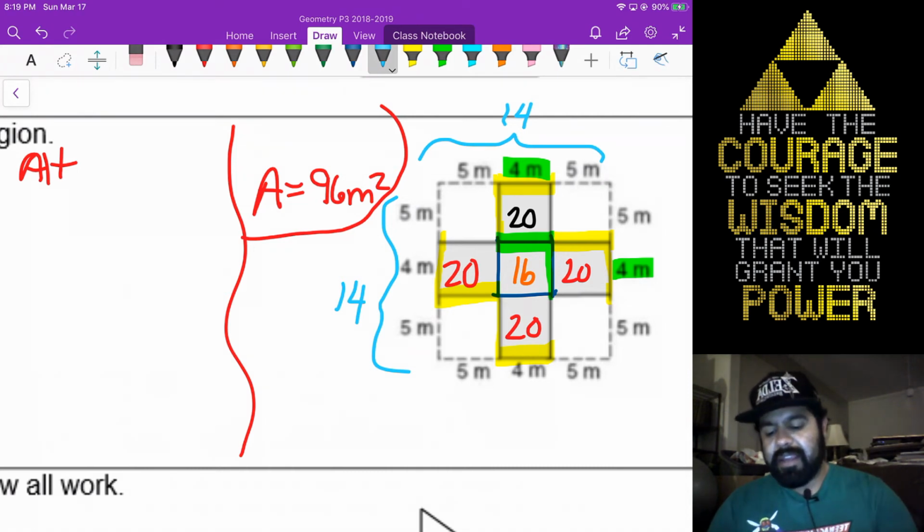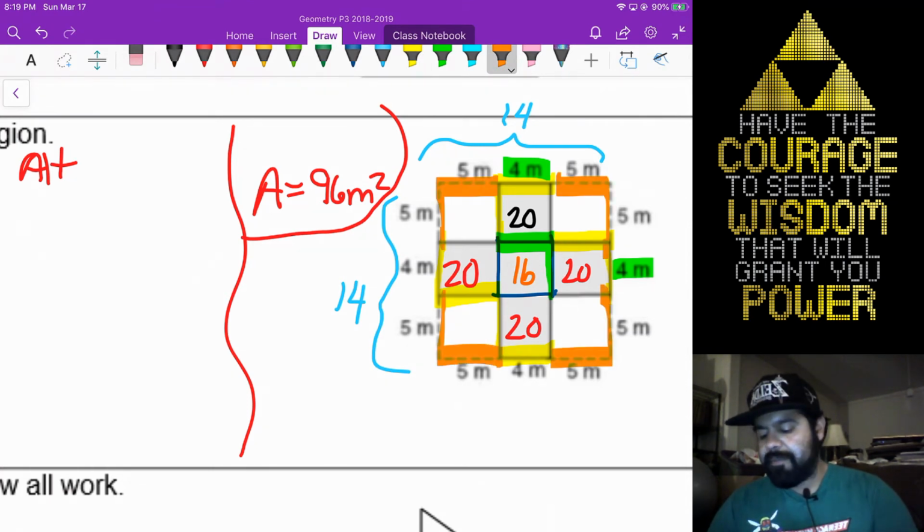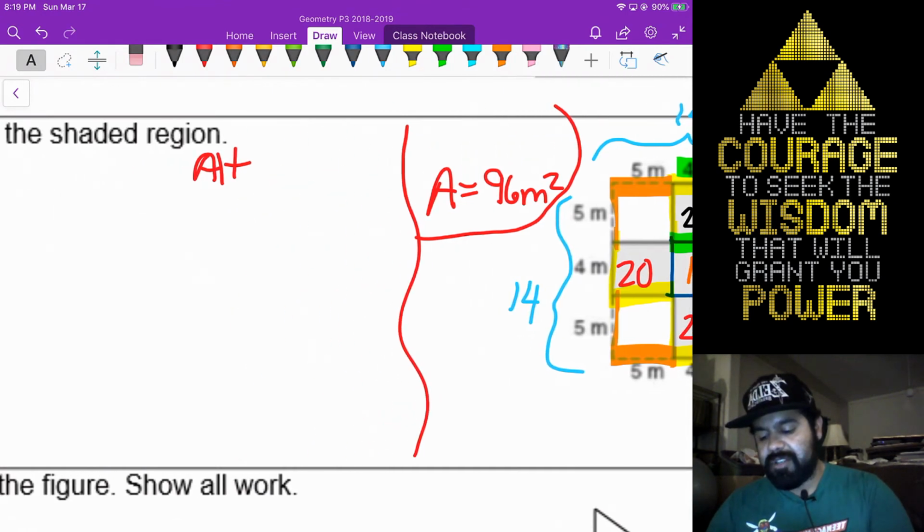Now the total area has these little gaps that are missing. I'm missing this space here, this space here. So a different way of doing this is I could do the area of my total rectangle, total, minus the 4 rectangles.